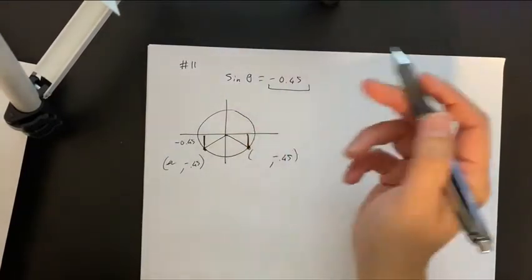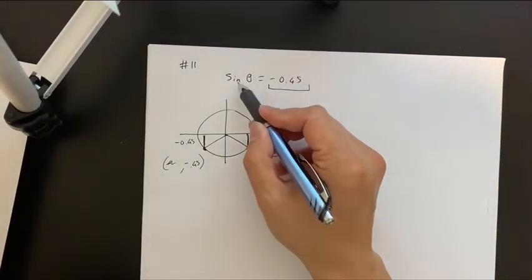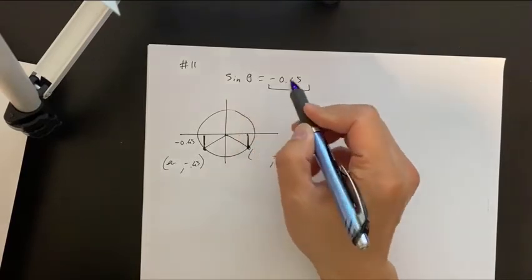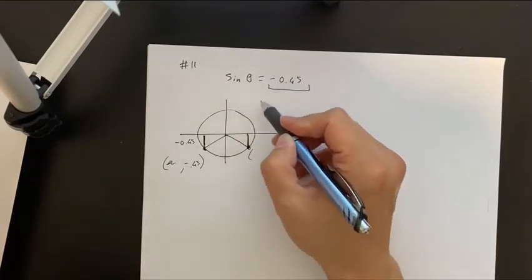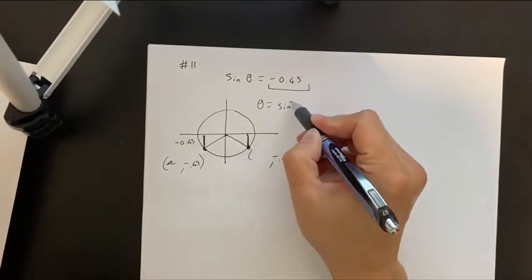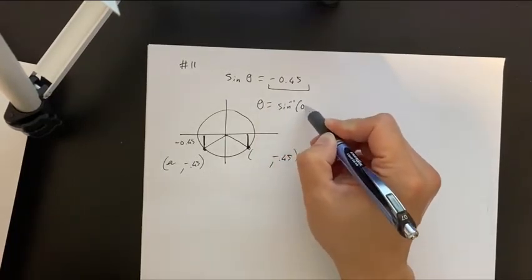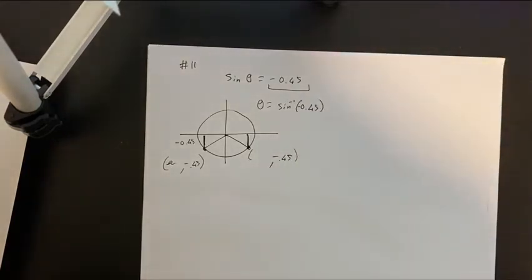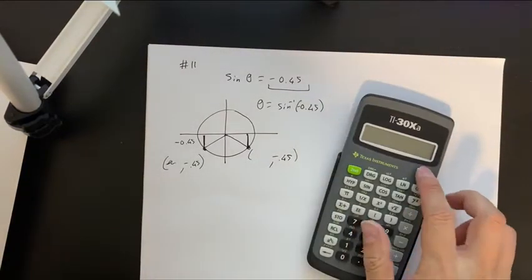So in this case, you have to do inverse sine. If sine theta is equal to negative 0.45, you can say theta must be the sine inverse of negative 0.45. So that's what I'm going to enter into my calculator.